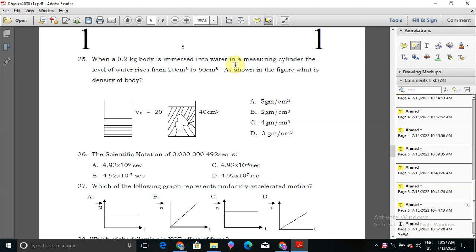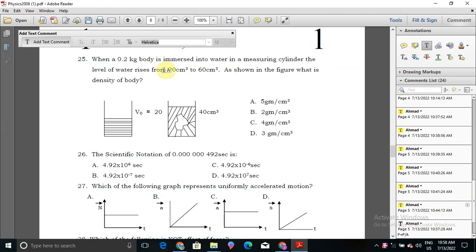What is the density of the body? First of all, we'll find the difference between 60 centimeter cube and 20 centimeter cube. That means it will be 40 centimeter cube, right? 40 centimeter cube.